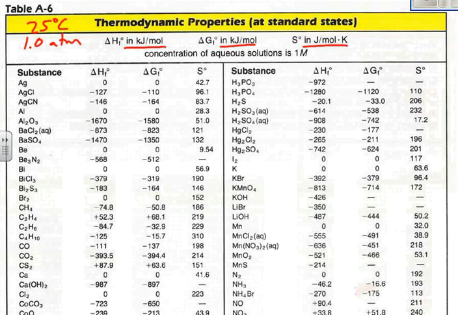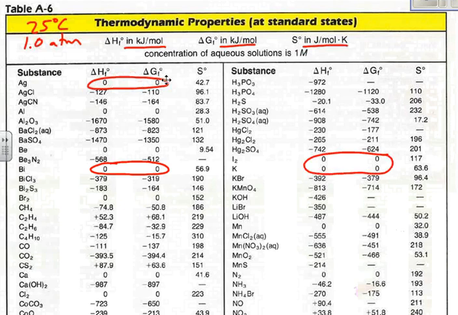You can see that here for silver, for instance, for bismuth, iodine, potassium. The other thing you want to consider is that when we talk about something that's a solid at 25 degrees Celsius and 1 atmosphere, to have 0 free energy, it has to be a pure solid. A liquid has to be a pure liquid. A gas has to be a pure gas at a pressure of 1 atmosphere.